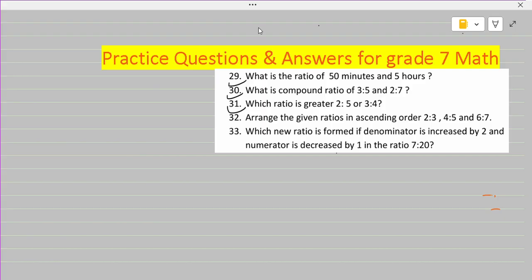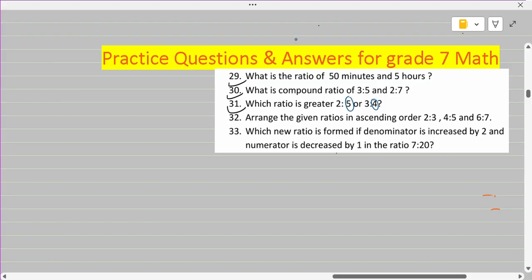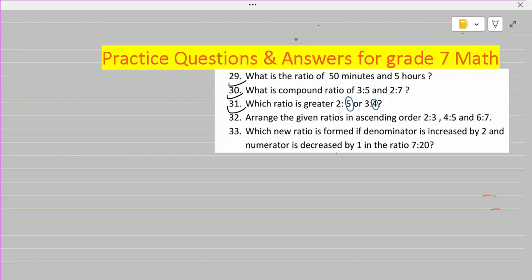So for 31, what's the idea? Which ratio is greater, 2:5 or 3:4? We are given two ratios, where we have denominators 5 and 4. To identify which is greater or lesser, we have to convert both denominators to the same value.